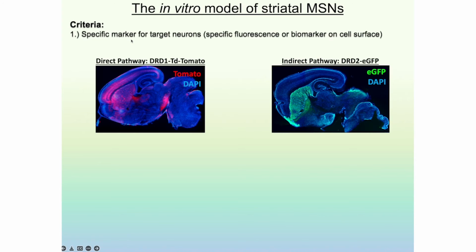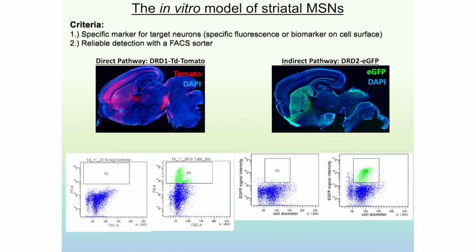We are not sorting neurons, we are sorting a fluorescence, and it depends on the specificity of this fluorescence in our desired cell type to end up with a highly pure and good sort. So we need at least a specific fluorescence or a biomarker, for example, on the cell surface to specifically identify our desired cell type. And the second criterion was the reliable detection with the FACS sorter.